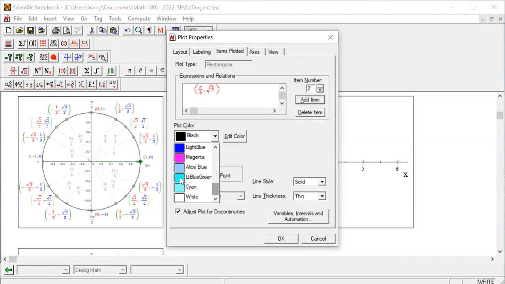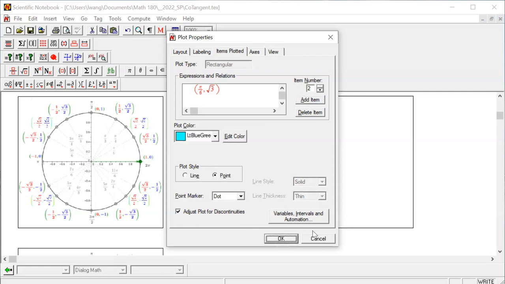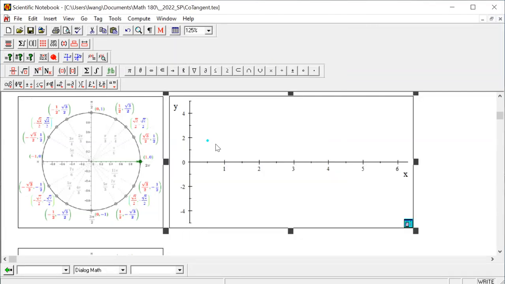Okay, a point, so it's right there. This point is marked as pi over 6, √3.